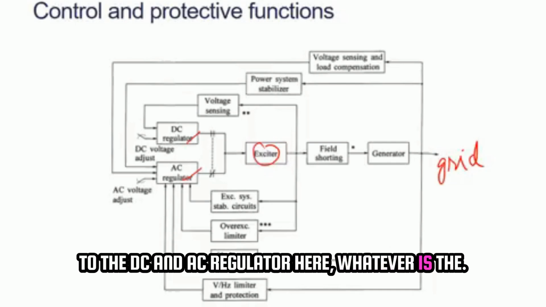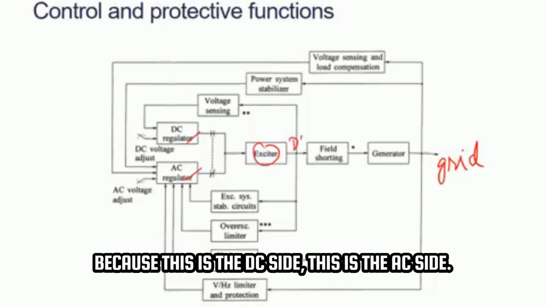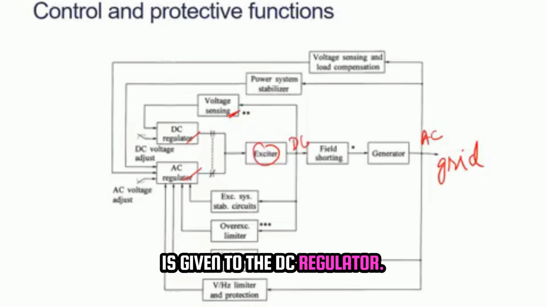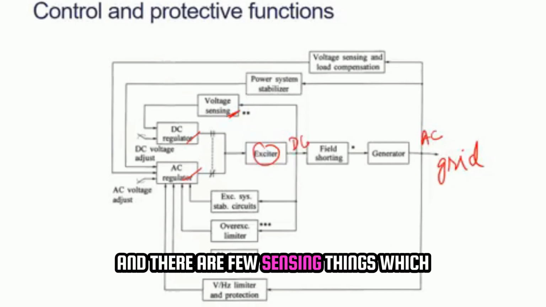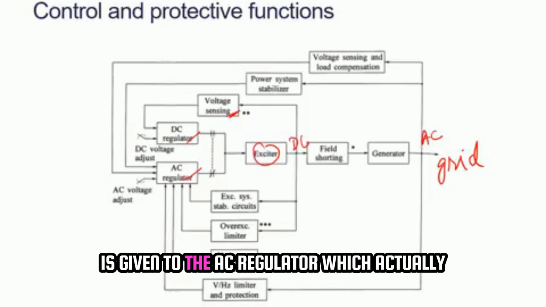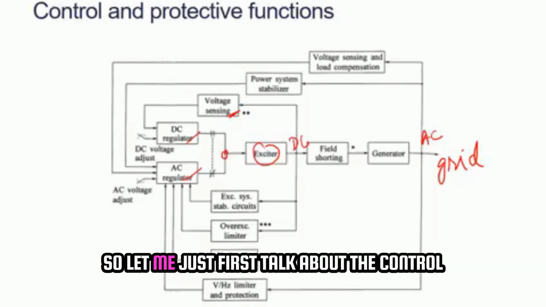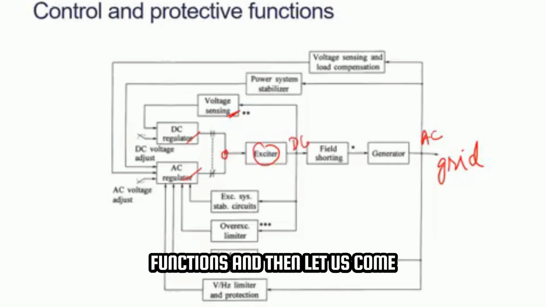This is the DC side, this is the AC side. The DC voltage is sensed and given to the DC regulator, and there are a few sensing signals given to the AC regulator, which compares and gives the signal to the exciter. Right. So let me first talk about the control functions, and then we will come to the protective functions.